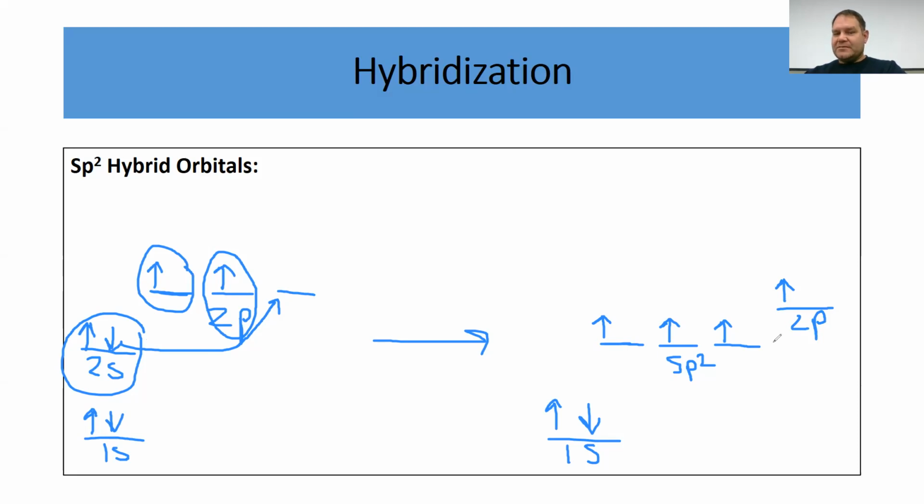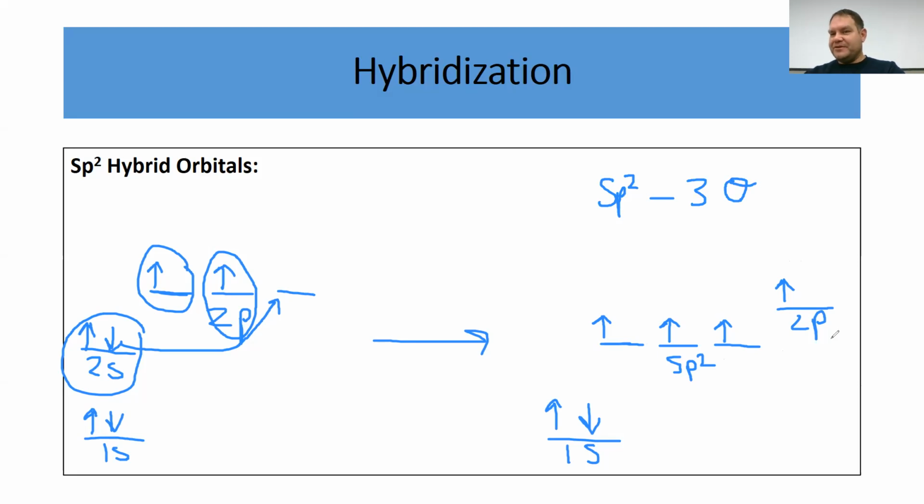Okay. So what's interesting about this, though, is that we can still make 4 bonds, right? 1, 2, 3, 4. However, we're going to make a little bit different bonds. So with the sp2 hybrid orbitals, we can form a head-to-head overlap in each one. And so with these sp2 hybrid orbitals, we can actually form 3 sigma bonds.